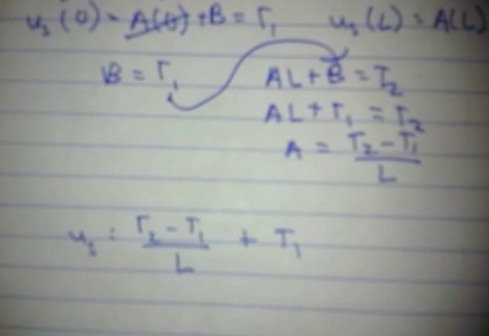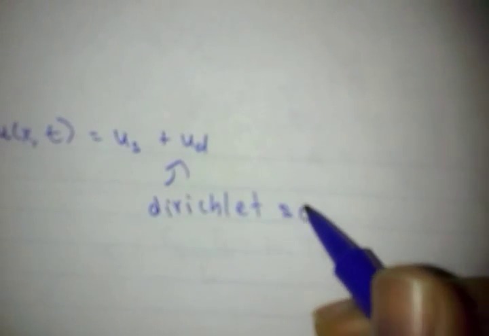But it basically has to do with the fact that now that we've solved for a steady state, what is true of the steady state is this equation, where u sub D is the Dirichlet, and I don't think I can spell, but I will try, Dirichlet solution.